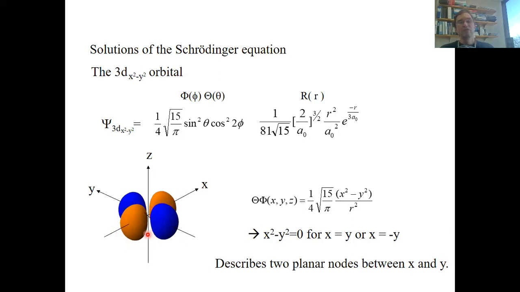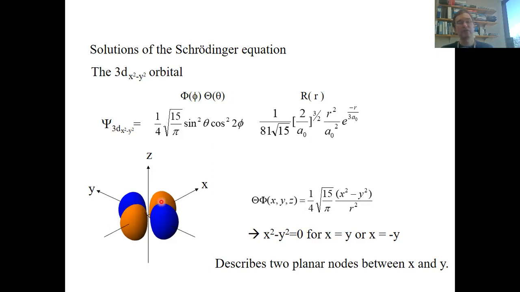Okay, so the electron density is mostly located in the xy plane. Precisely, the electron density is located on the y-axis and the x-axis respectively. There are two lobes of the same algebraic sign on the y-axis and two lobes that have the same algebraic sign on the x-axis. So in between, there are the two planar nodes.